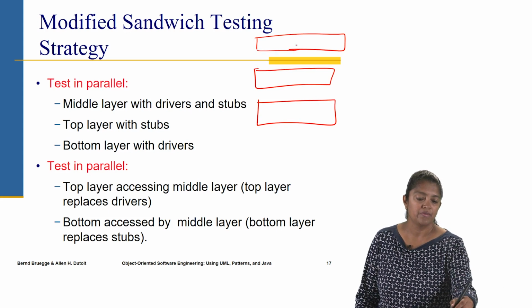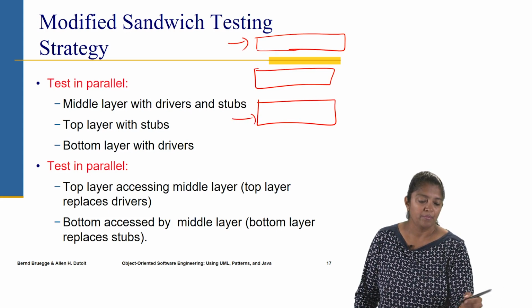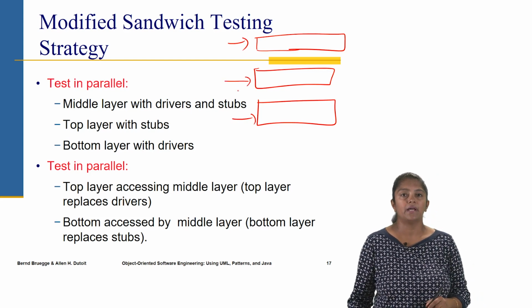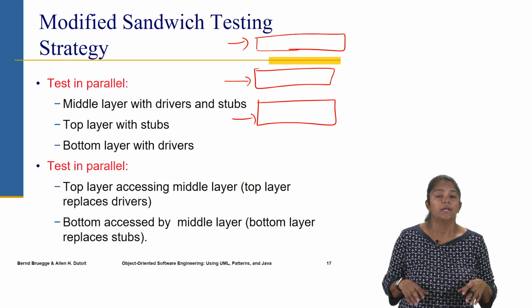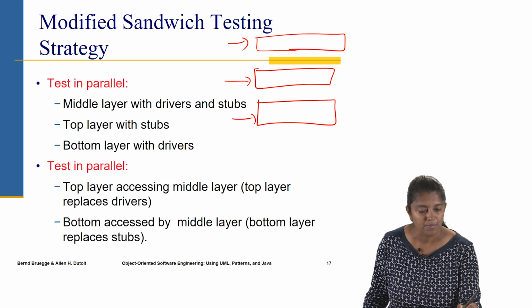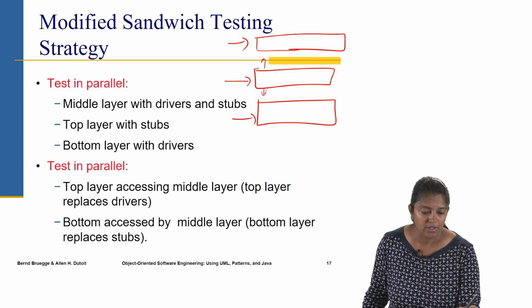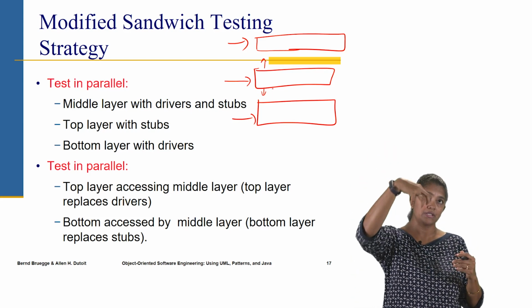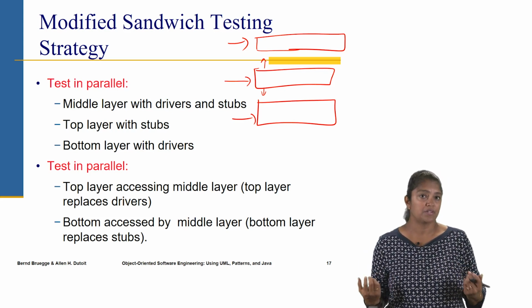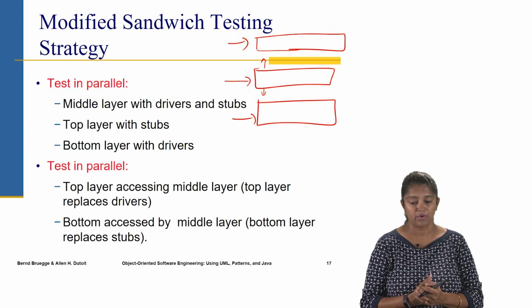In sandwich, we were just testing the top and bottom individually, but now what we're going to do is test that middle layer also individually. In order to test the middle layer individually, we'll need both drivers and stubs, because the calling systems are missing, and the systems from where you need information are missing. So both drivers and stubs have to be written.